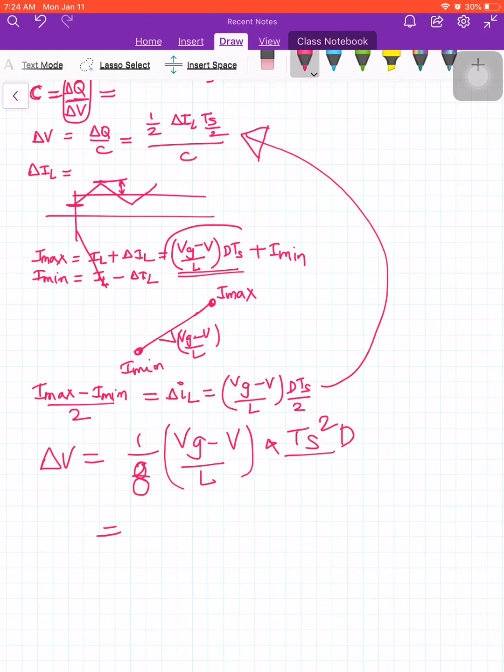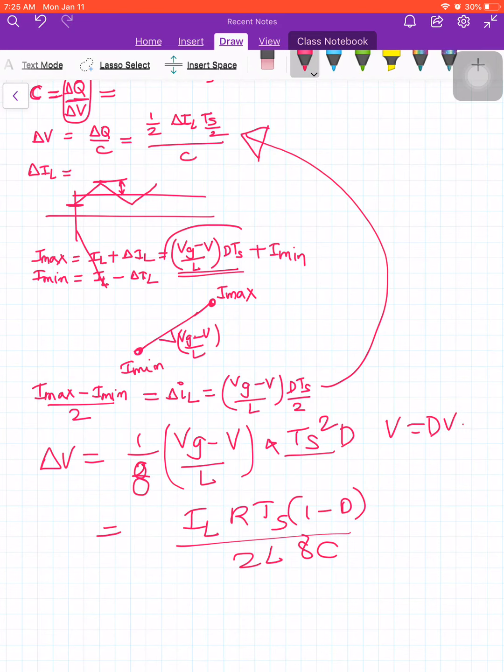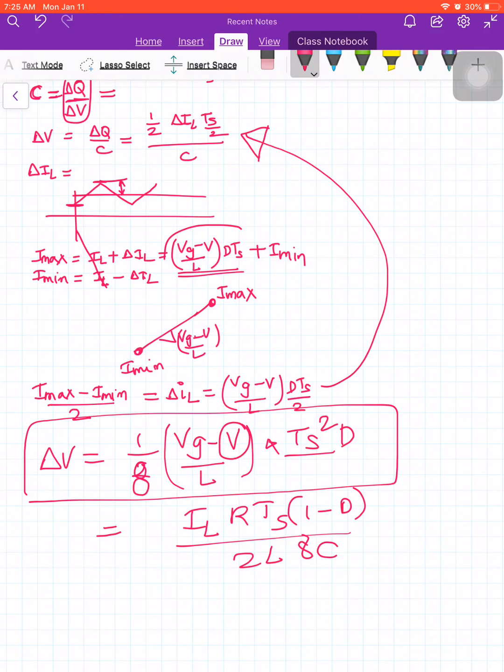When we simplify it, we get IL into R into Ts into 1 minus D by 2L to 8C. We can substitute V is equal to D into Vg, or you can express Vg in terms of the output voltage V. So this is the equation that we are looking at.